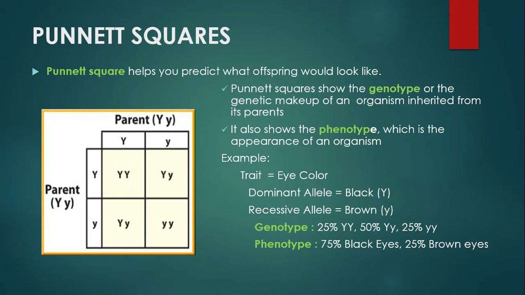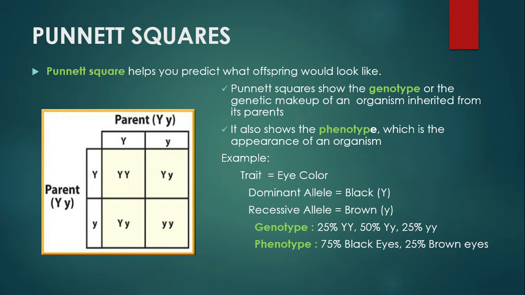In looking for the phenotype, since it is the description of the appearance of the organism, you have to take note of the dominant and the recessive allele. And how are you going to identify that? You look at the first letter of the result. Is it written in capital letter or in small letter? And in here, you can see that 3 boxes were written in capital letter Y as the first letter of the result.